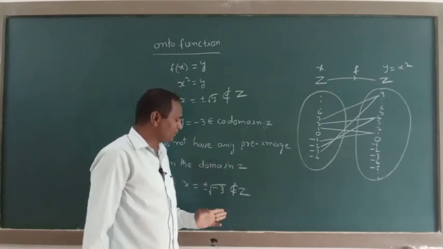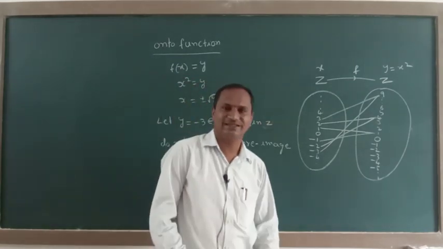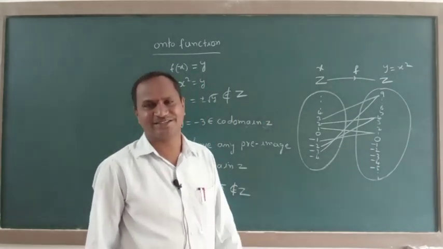If we find at least one such element by this procedure, then we can easily say that codomain is not equal to range.